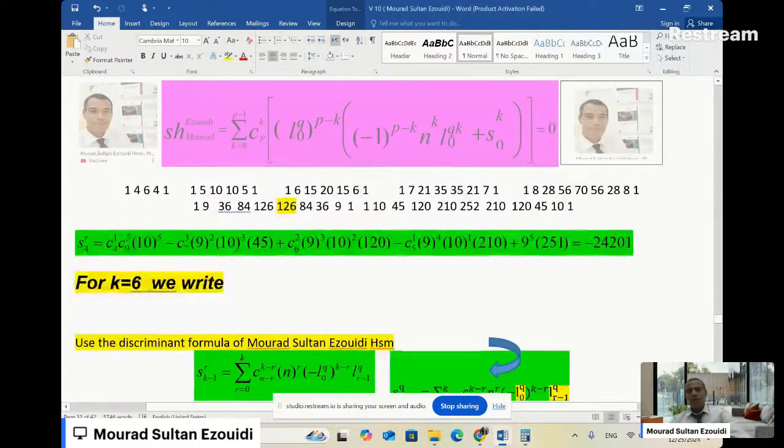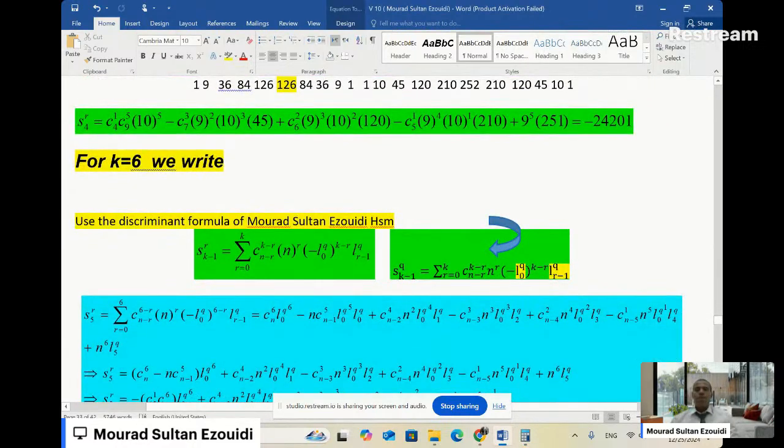Okay. Now, my kids, I want to find the value of S5. To find S5, just put K equals 6 in the decimal formula of U, and make the expansion. We note that L0 for 2 raised to the power 6 is a common factor between the first two terms, so we put it outside the brackets and make the difference.